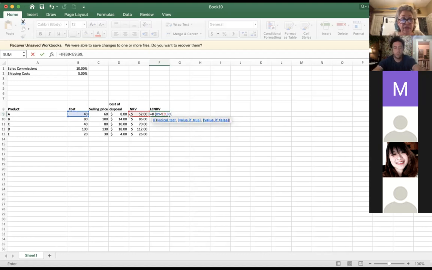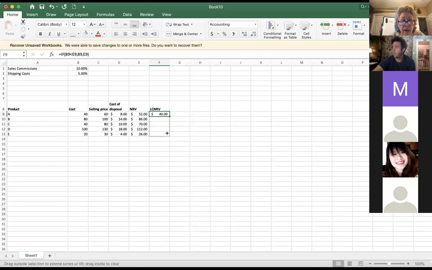If that statement is false, I want to put in the NRV. And then I copy it down and I get that $80 is lower than the 86. So I know that for each of my products, the lower of cost or NRV are those numbers.